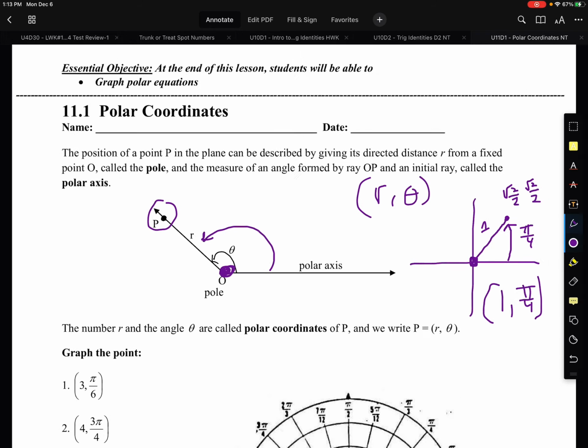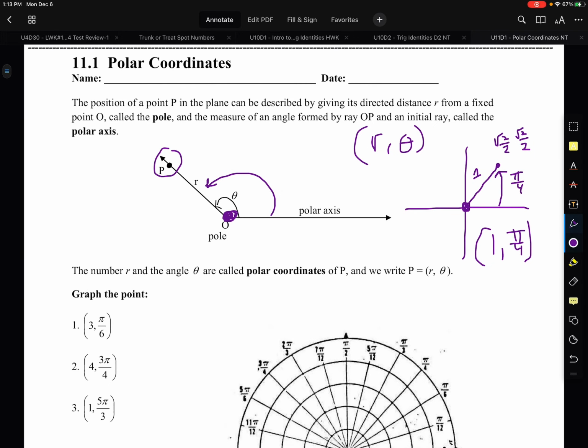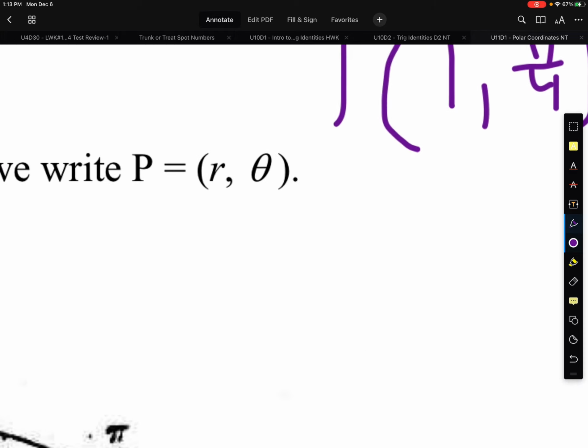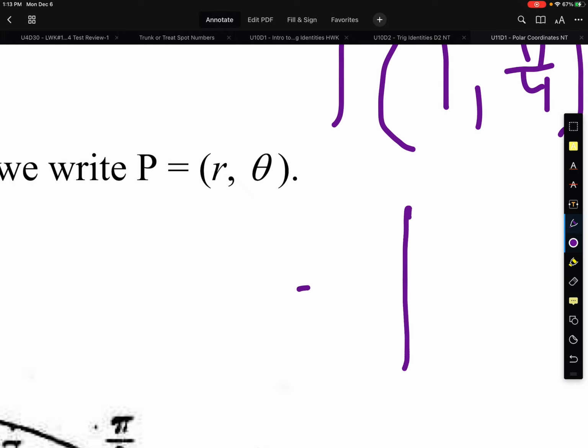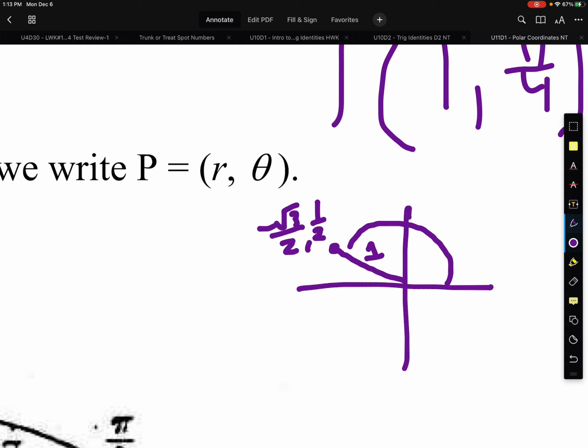Now imagine we had a point, negative rad 3 over 2, comma, half. So there's our xy point. There's my radius, which is 1. Now the question is, how much do I rotate around?